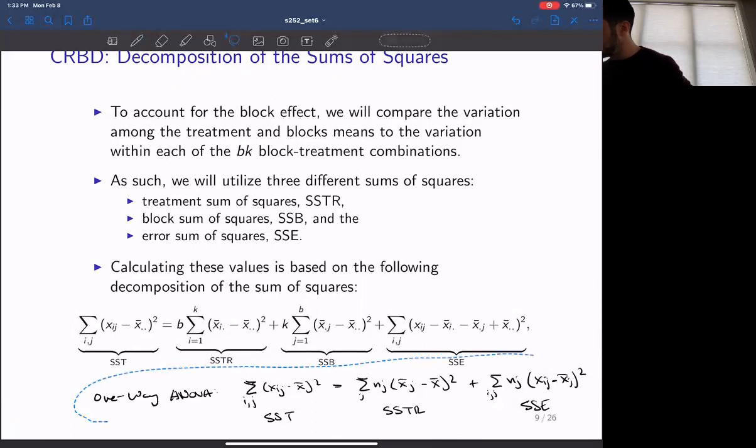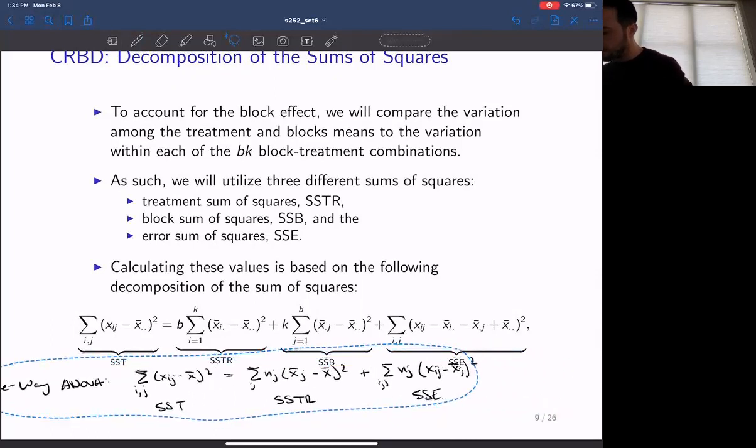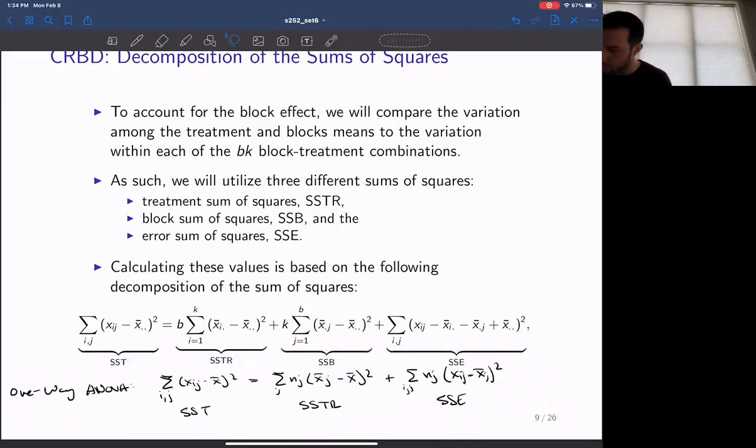Okay, so if we pull these terms over, we can see that these two terms here are equivalent.